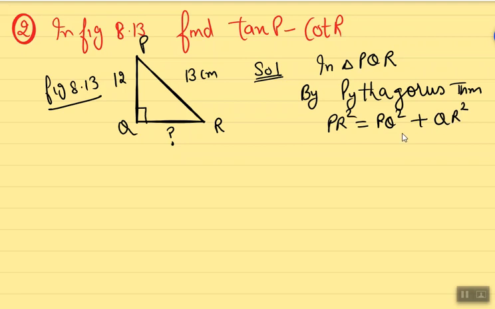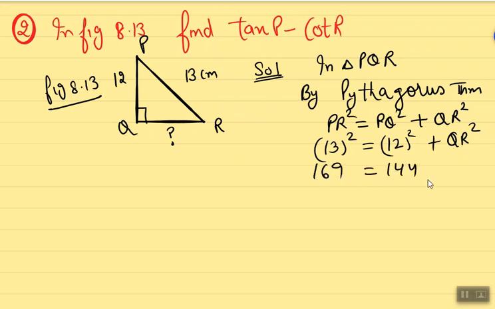PR is 13, PQ is 12, and the missing side is QR. 169 minus 144 is equal to QR square.